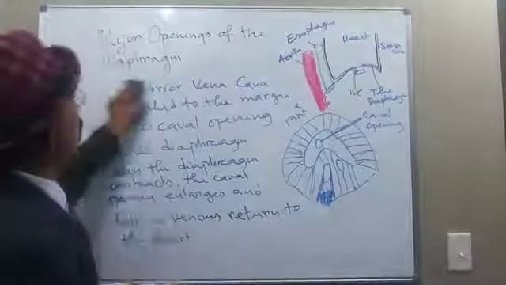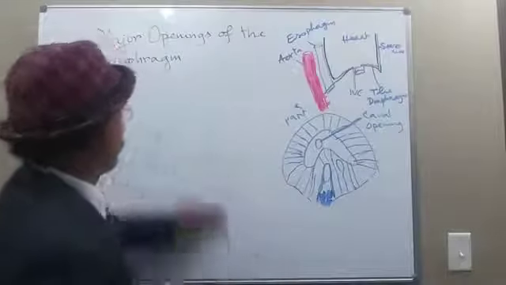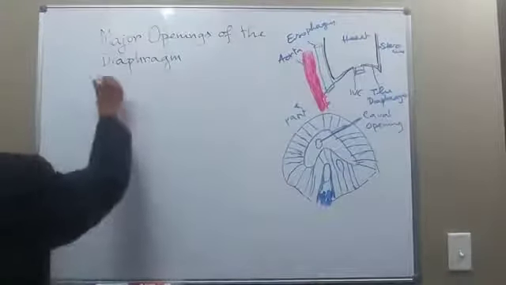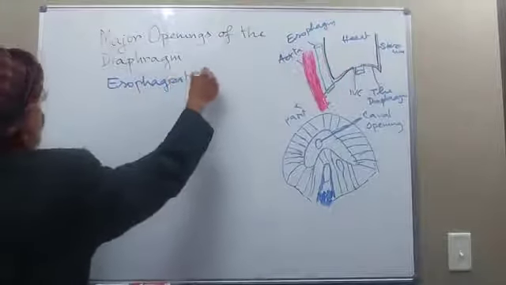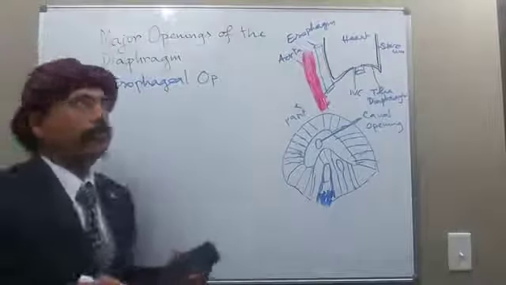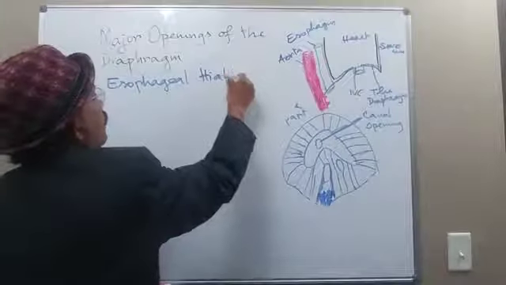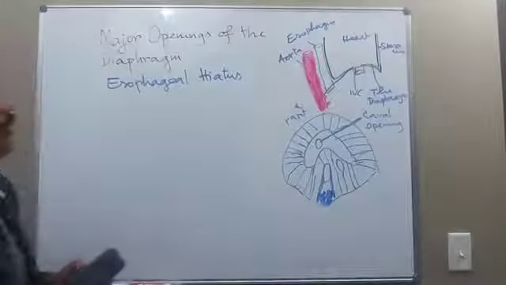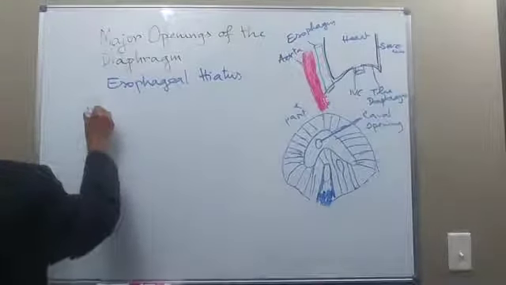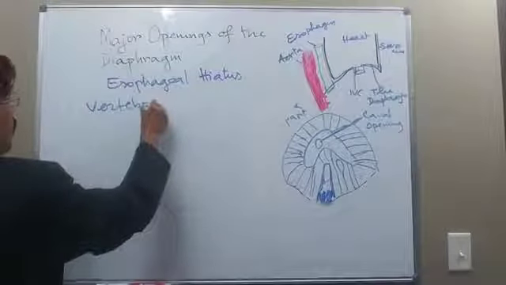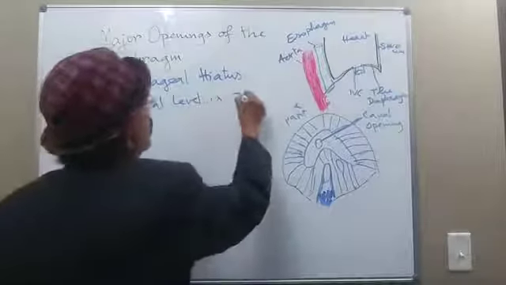Now we go to the esophageal opening of the diaphragm, or you can say esophageal hiatus. Hiatus, same as opening. What is the vertebral level? Vertebral level is T10.